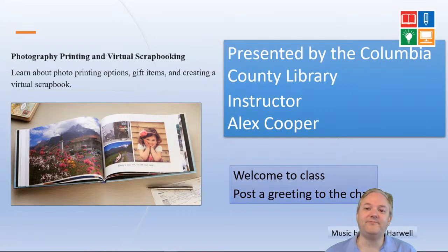So let's go ahead and talk about what we're going to cover a little bit. This is, I believe, the fourth class, because it all talks about photography. This kind of wraps up: we did taking pictures, and that video should still be up and available too.